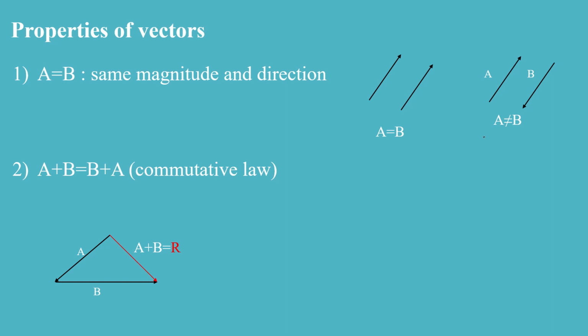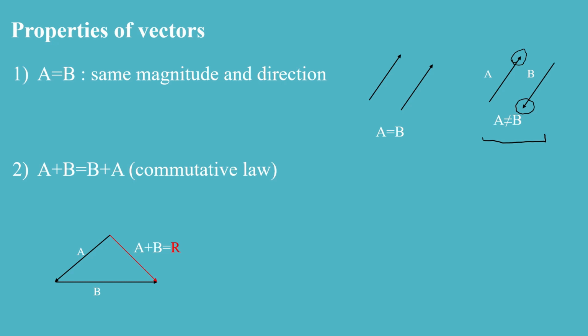However, the ones you see right here are not equal. They have the same magnitude, but if you look at the direction right here and here, they don't have the same direction. So I can tell they are not equal because they don't have the same direction. Direction and magnitude both should be the same, okay?